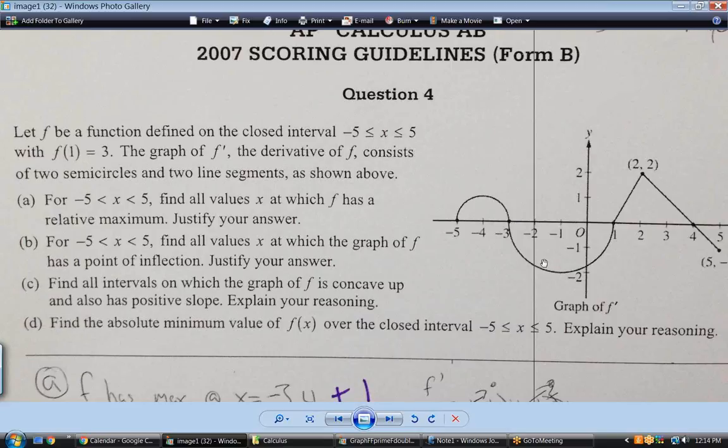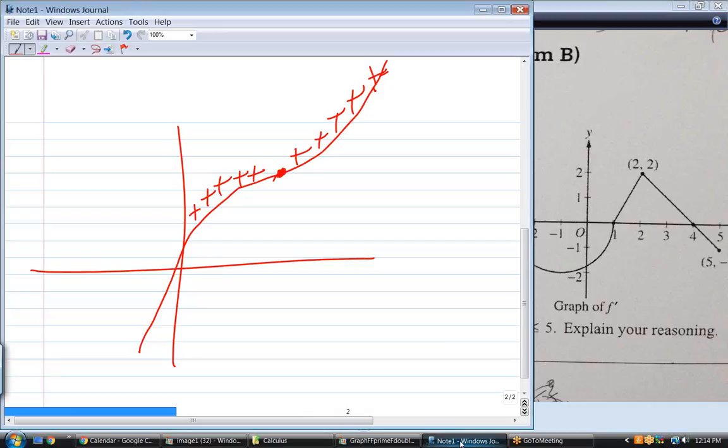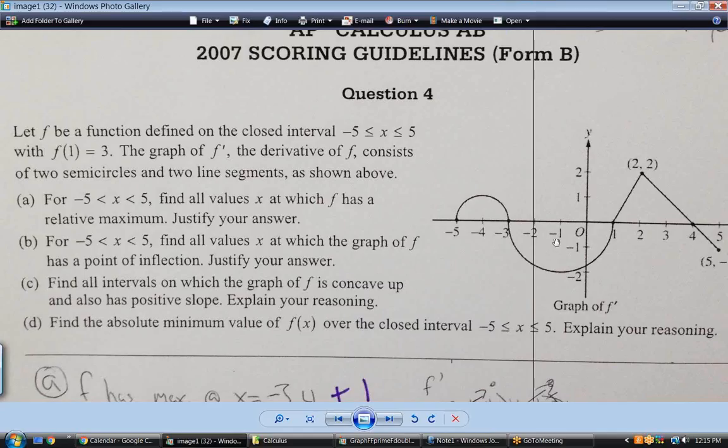It's surrounded by negative slopes on either side. Well, I can just draw something that looks like that. Here's concave up, here's concave down, there's a point of inflection right there, and it's negative slope, negative slope, negative slope. So -1 almost certainly is an inflection point also.